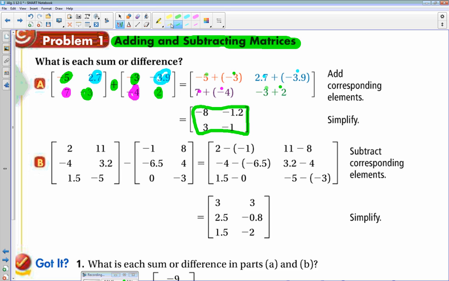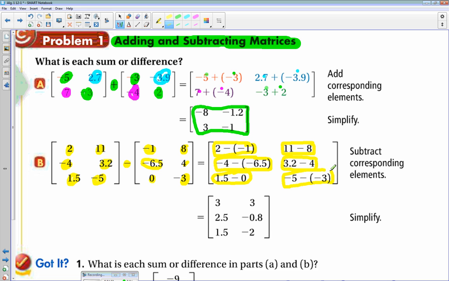It's the same with subtracting. So in this case, 2 and negative 1 would be subtracted. 11 and 8 would be subtracted. Negative 4 and negative 6.5 are subtracted. 3.2 and 4 subtracted. 1.5 and 0, and negative 5 and negative 3.